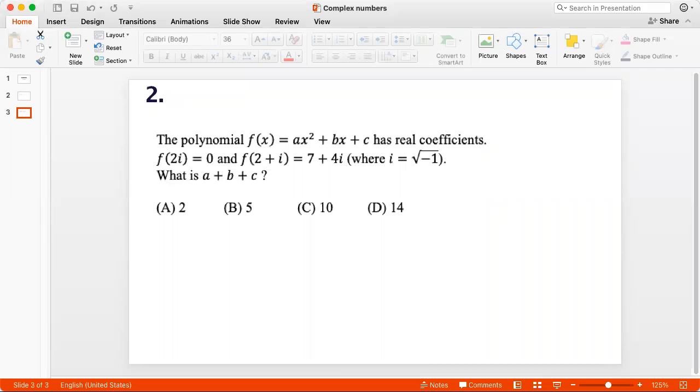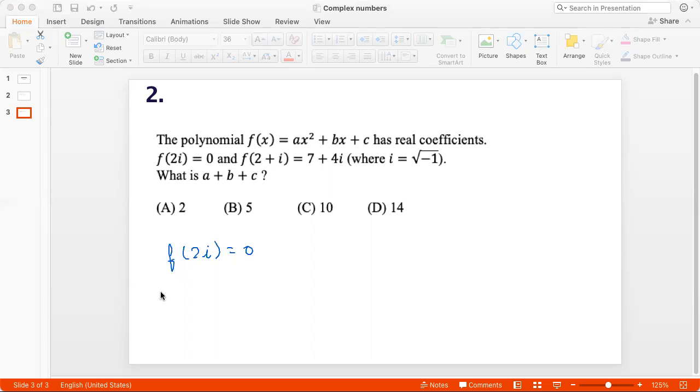Question 2. The polynomial f of x is equal to ax squared plus bx plus c and it has real coefficients. f of 2i is 0 and f of 2 plus i is 7 plus 4i, where i is square root of minus 1. What is a plus b plus c? So let's first use f of 2i equal to 0 to get some values.